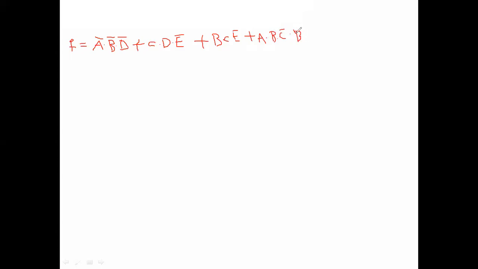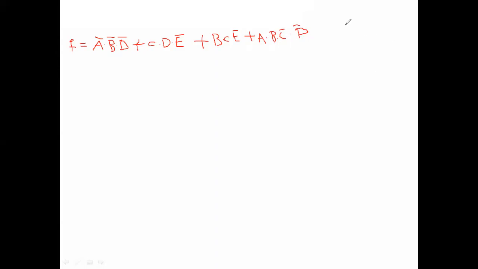Now for this expression, D bar, this is D. Now for this expression, we are doing NAND realization.